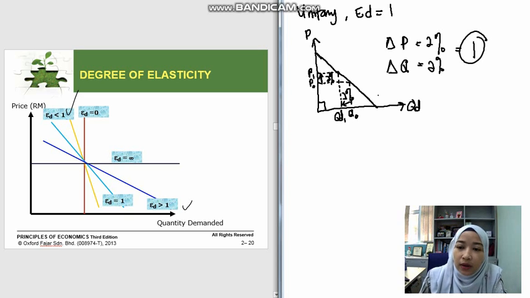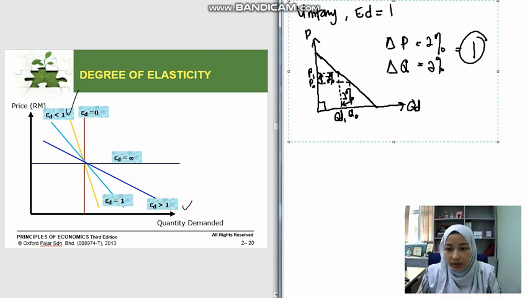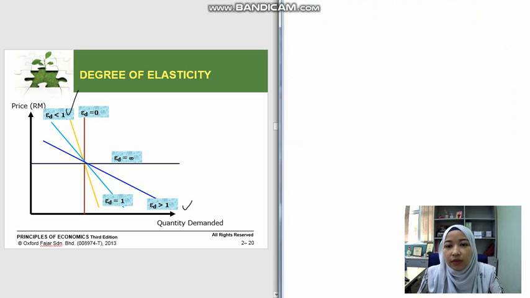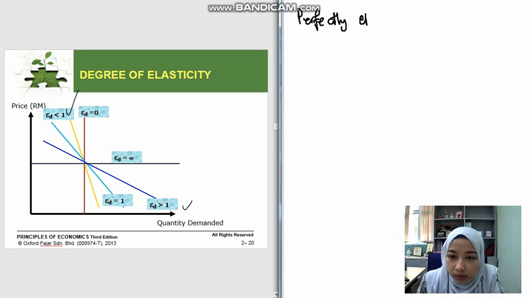Okay, alright, and then for perfectly elastic, a perfectly elastic demand, okay, when you calculate, you will get an infinity answer.